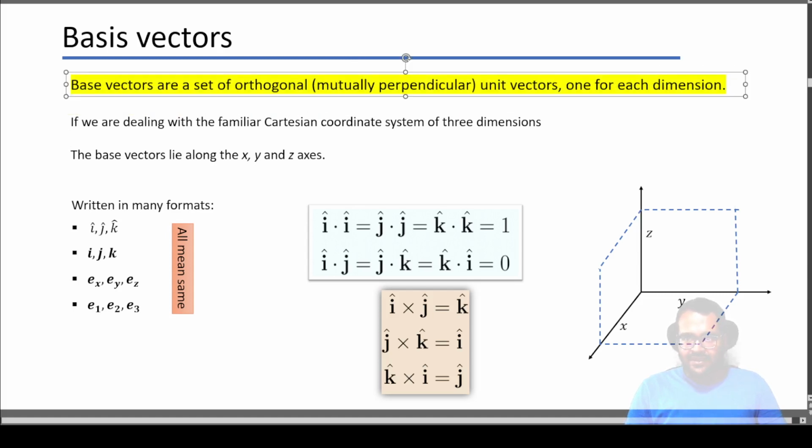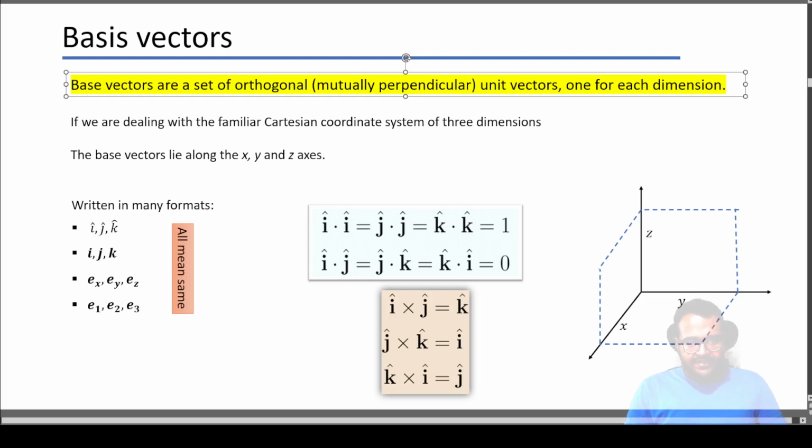We have three dimensions in Cartesian coordinates. The basis vectors lie along the x, y, and z axes. So this is your x axis, this is your y axis, this is your z axis. To visualize, I have also drawn the parallel planes: this is the xy plane, this is the xz plane, this is the yz plane.